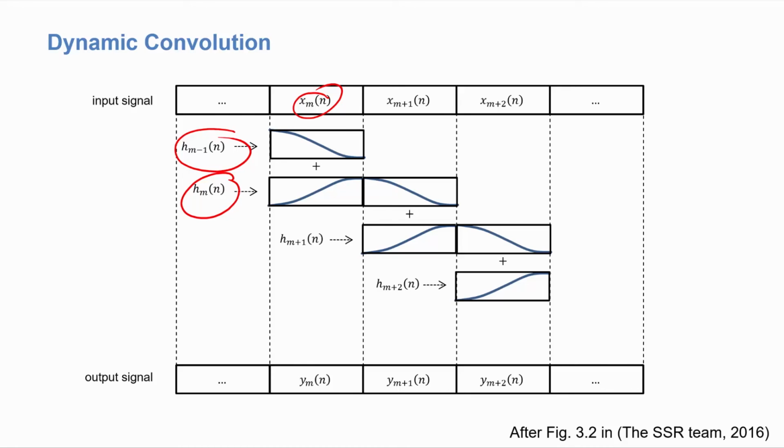We then fade out the result of the convolution with h index m-1 and fade in the result of the convolution with h index m. The fades are indicated by these blue curves.